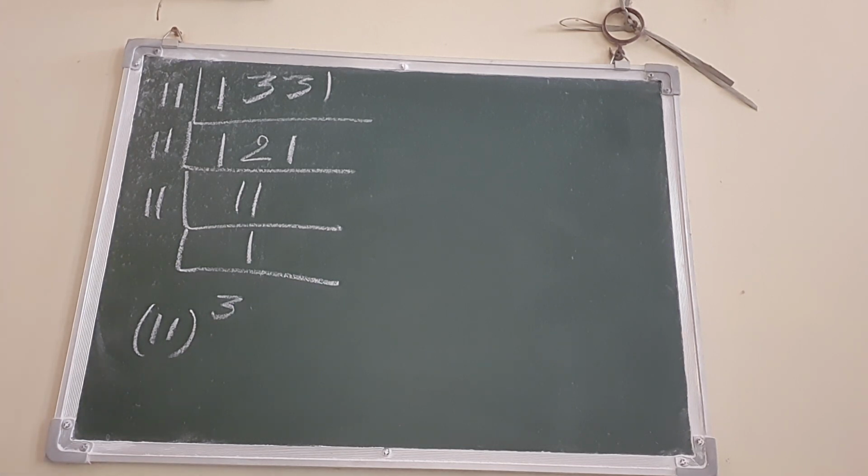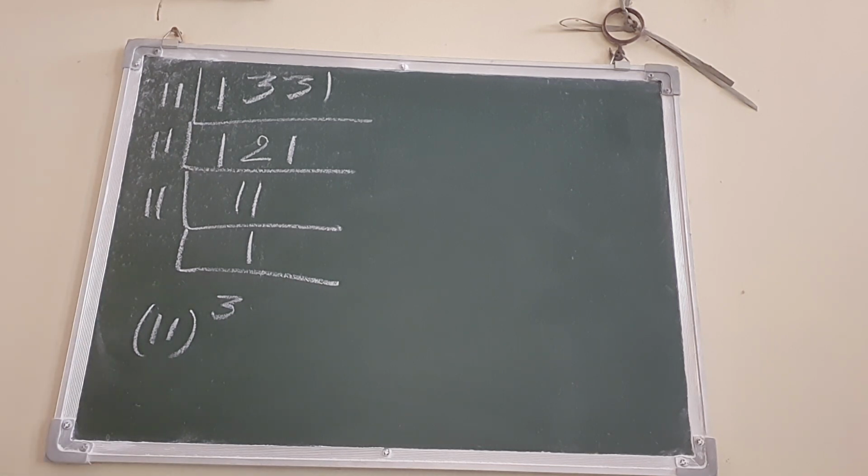I think you all might have understood this question. We are going to understand this question once more. We do the prime factorization and make a group of 3 instead of 2 that we do in squares.